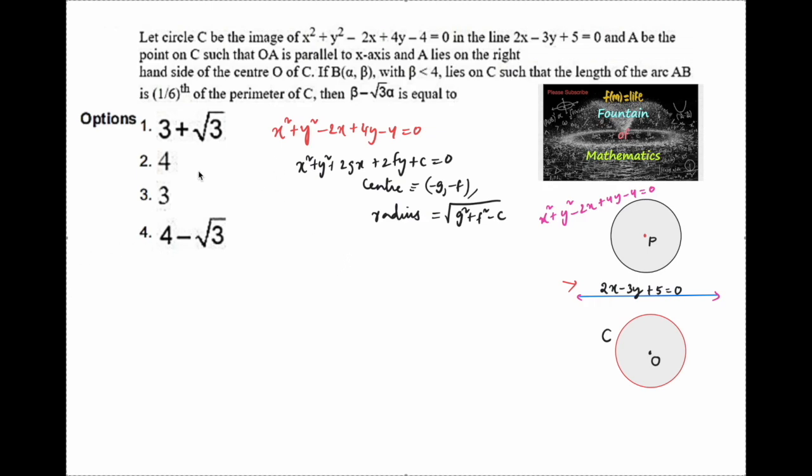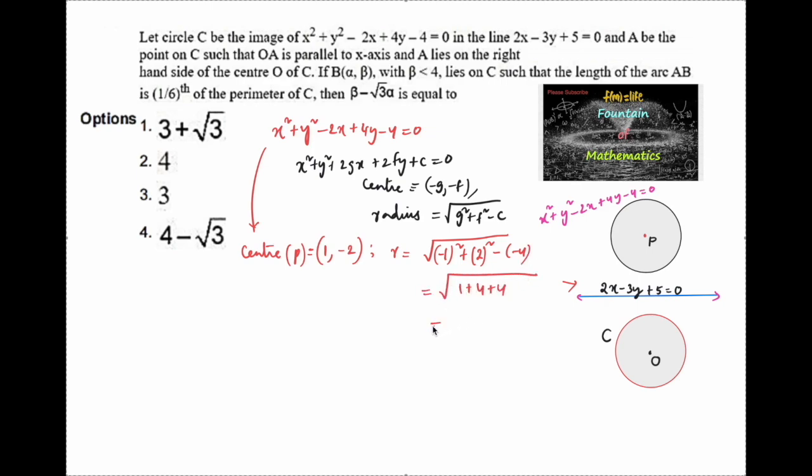So here in this circle, let us mark the center as P. So 1 comma, here we can write minus 2, and radius is under root of g square, that is minus 1 whole square, and f square, that is 2 square, minus of minus 4, which is equal to under root of 1 plus 4 plus 4, which is equal to 3.